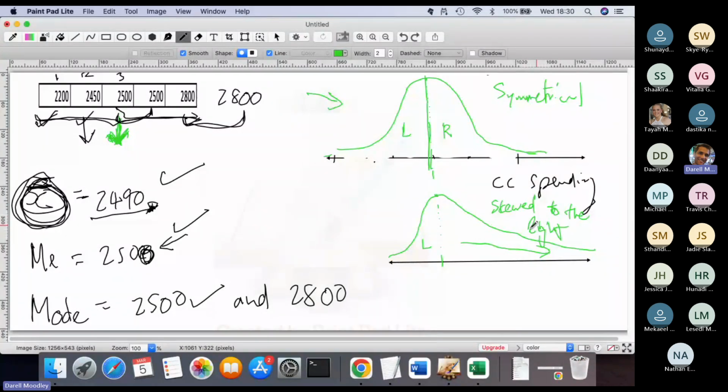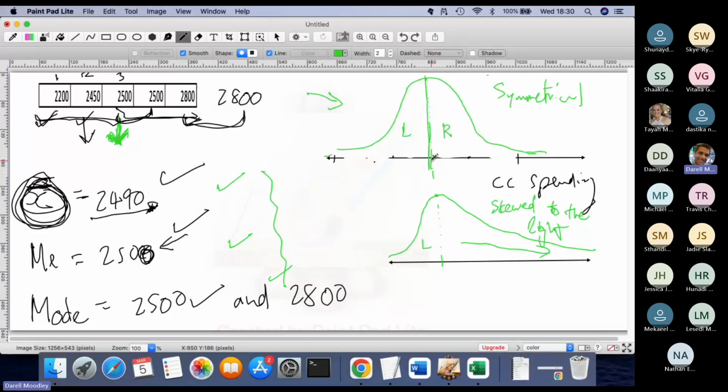Now, why I bring this up is because depending on what the values are for your mean, your median, and your mode, that will tell you what the shape of this distribution is. And you need to know that when all three of these values are equal, then your distribution is symmetrical.